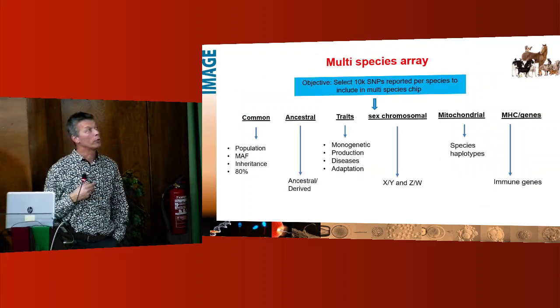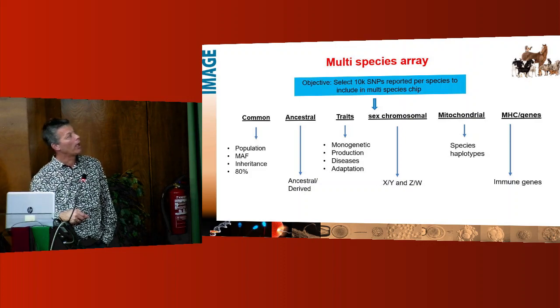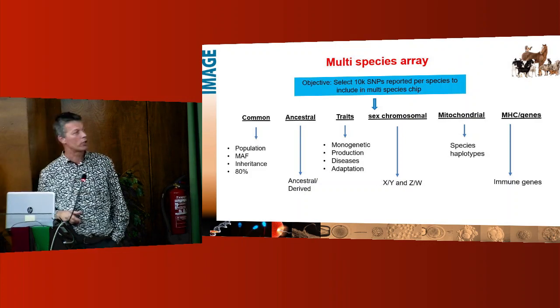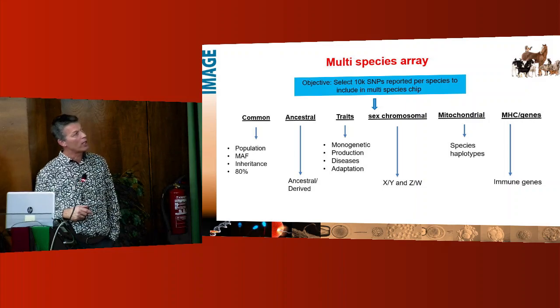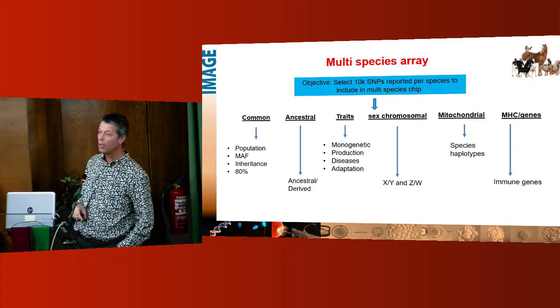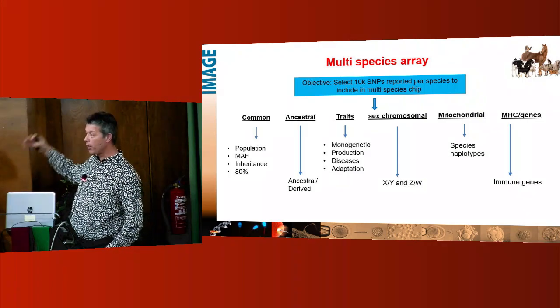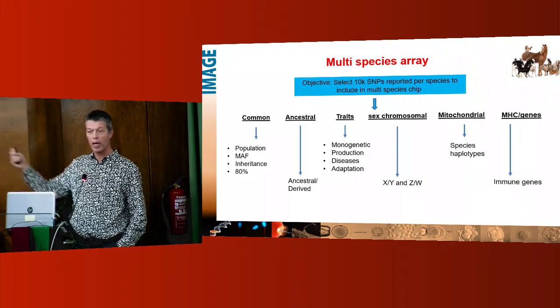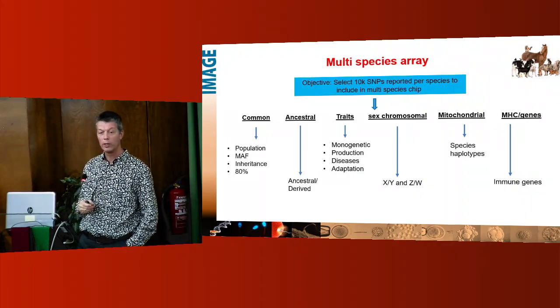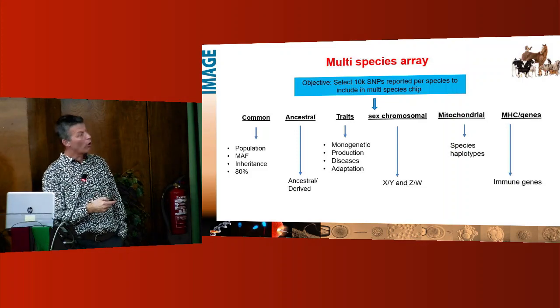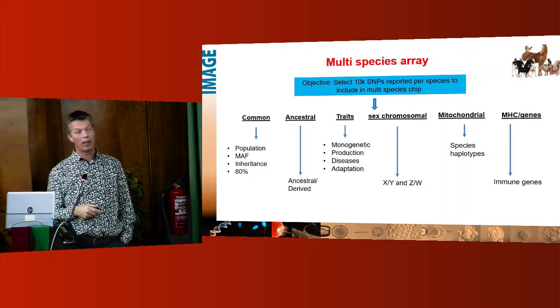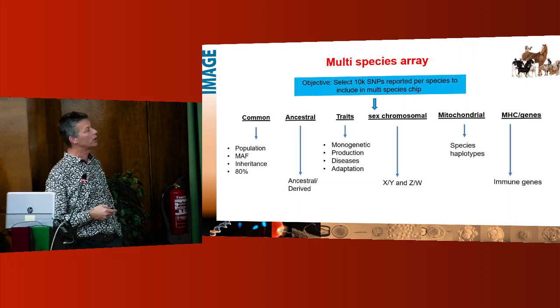Okay, the multi-species array, what will we put on there? For the 10K, we have a common set of SNPs, and that will be around 80% of the array, covering SNPs which are present in existing arrays, so that we can compare information which is already there. Of course, we will have populations included in there, with minor allele frequencies.